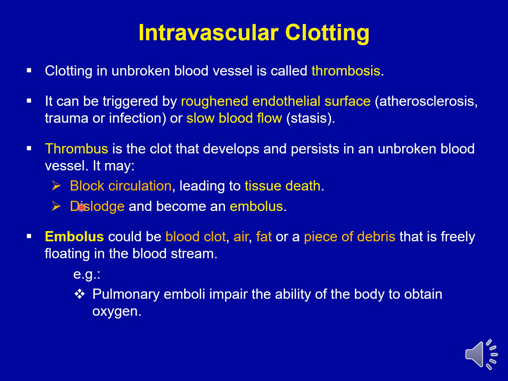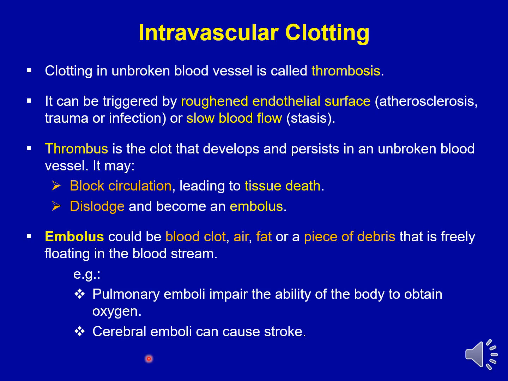And it becomes trapped where? Trapped in the pulmonary capillaries, forming a pulmonary embolus, and this will interfere with ventilation and perfusion, decreasing the ability of the body to get oxygen.